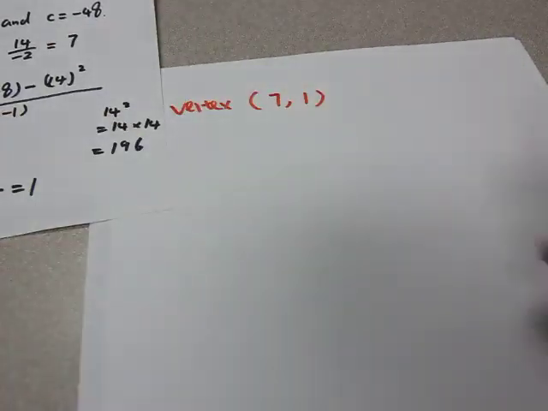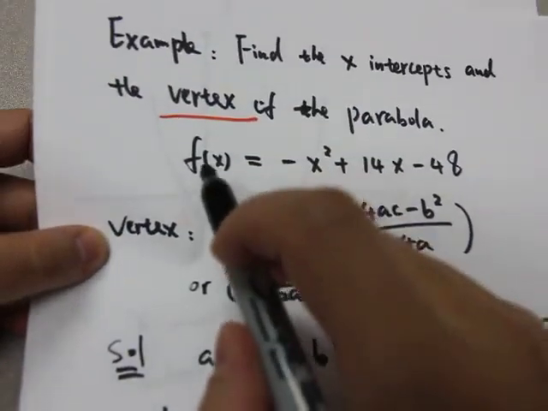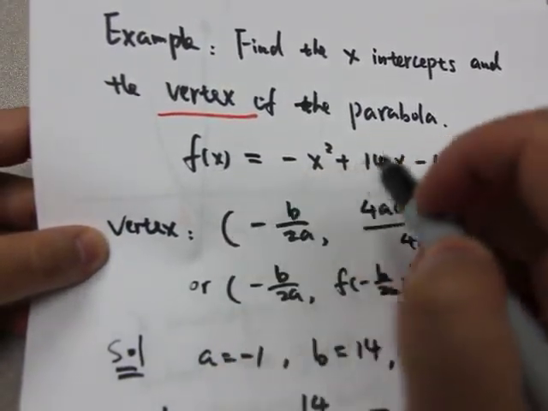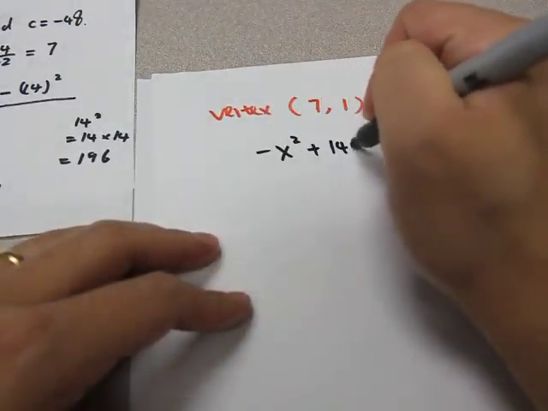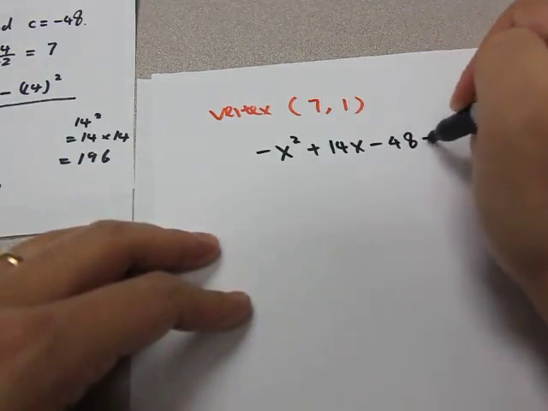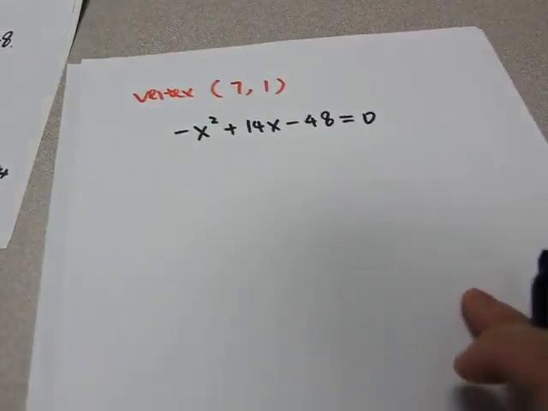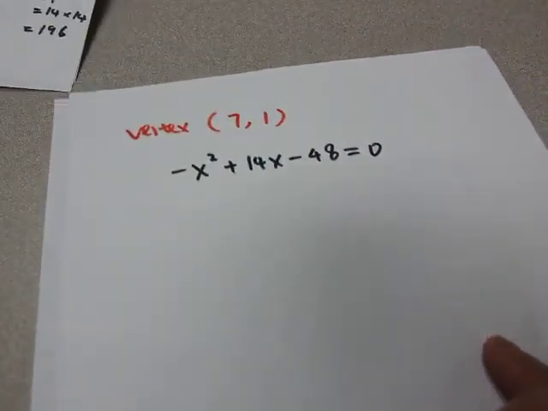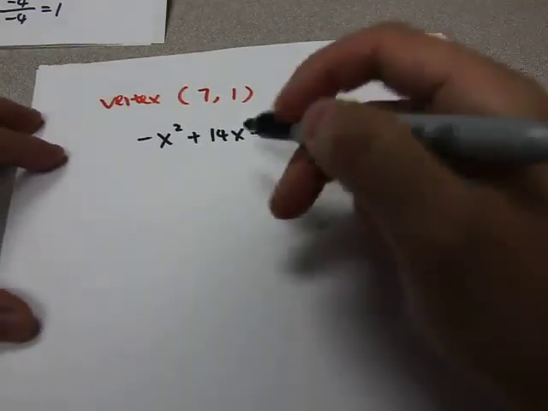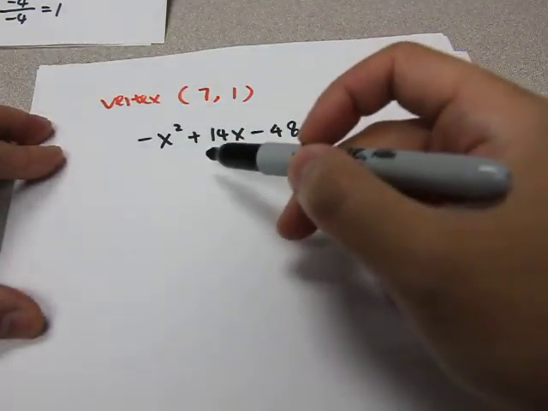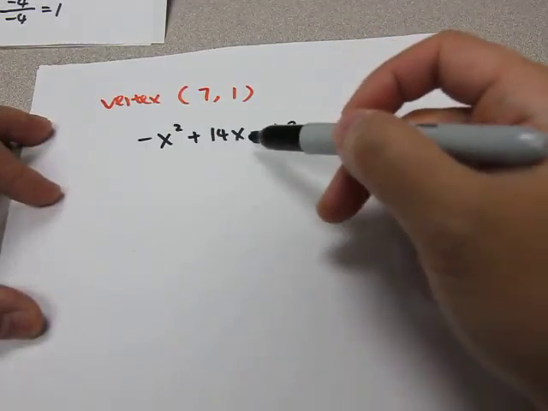So as we said before, to find the x-intercepts, we're going to change the f(x) into 0 and solve the quadratic equation. Now we have already learned how to solve a quadratic equation, right? You can use factoring.